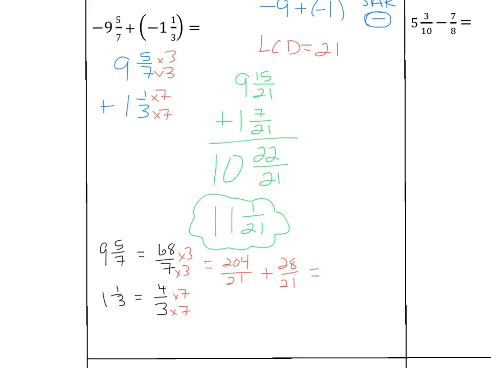You're going to get 232 over 21. And then 21 goes into 231 11 times with 1 left over. All right, there's both methods for you. I'm going to go ahead and go on to the next question.